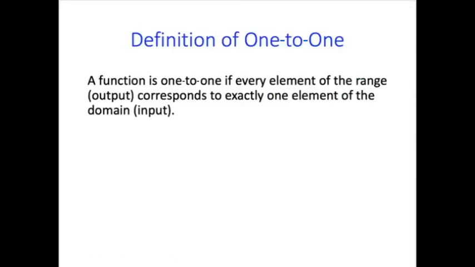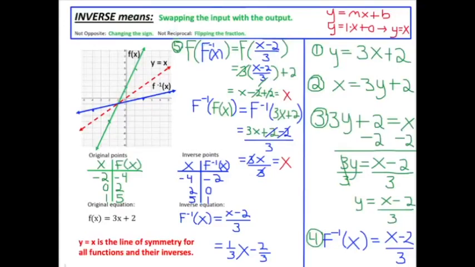Okay, so here's our definition of one-to-one. A function is one-to-one if every element of the range or output corresponds to exactly one element of the domain or input. So again, in this case, f of x is one-to-one.